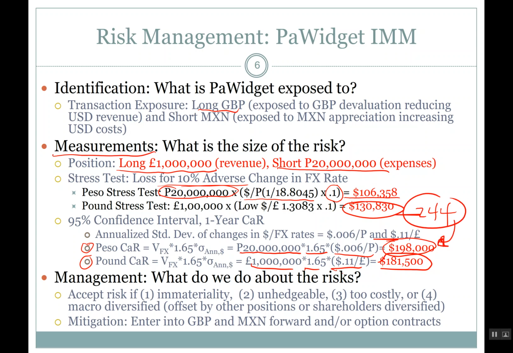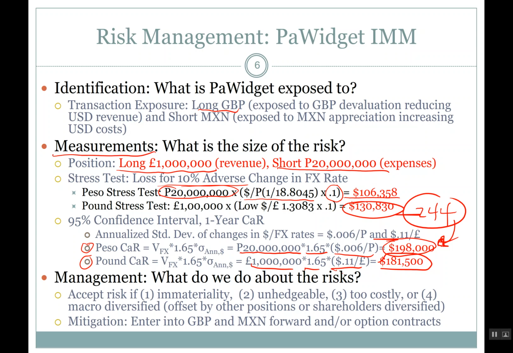I should restate that. Let's talk about this 198. They're 95% confident that the gain or loss from that payable will not be more than $198,000. They're 95% confident they won't pay more than $198,000 more for that payable. They're still going to be okay because their profit's 244.